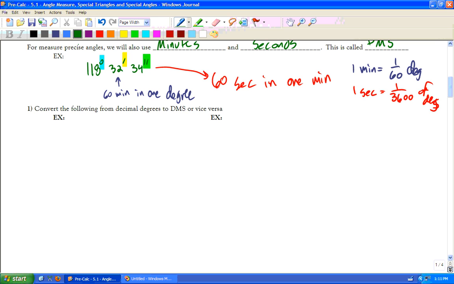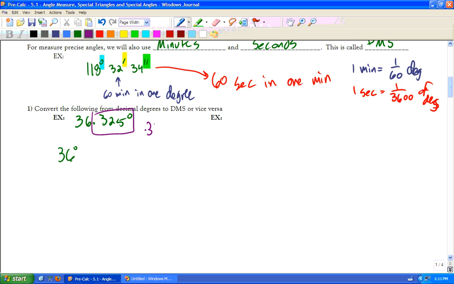So we're going to convert 36.325 degrees into DMS, which means we're going to figure out how many degrees, how many minutes, and how many seconds this would be. Well, the degrees is the same. We're going to start with 36 degrees. What we're going to look at is this 0.325.